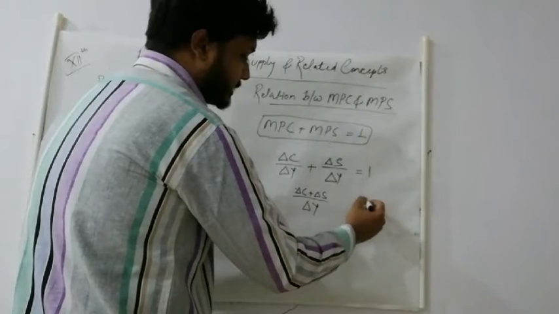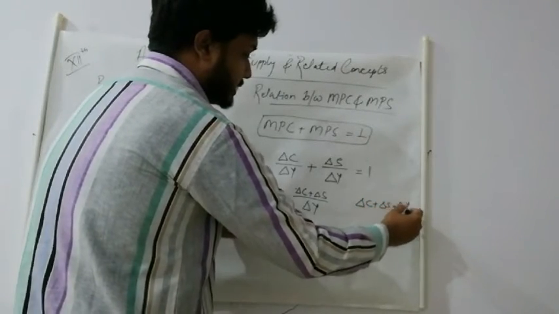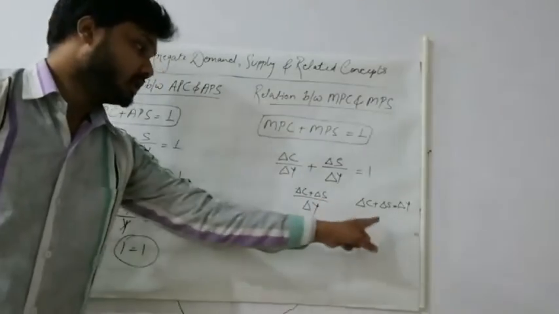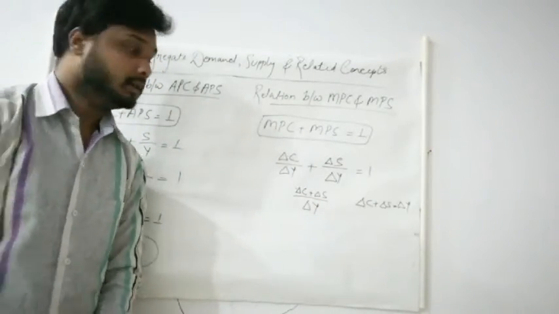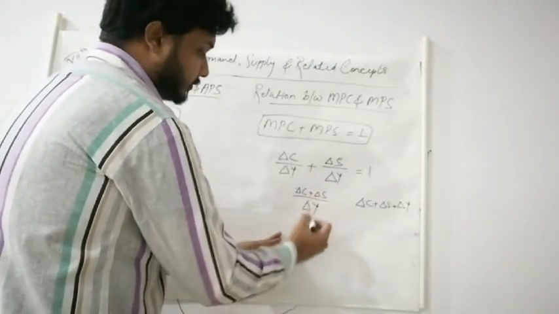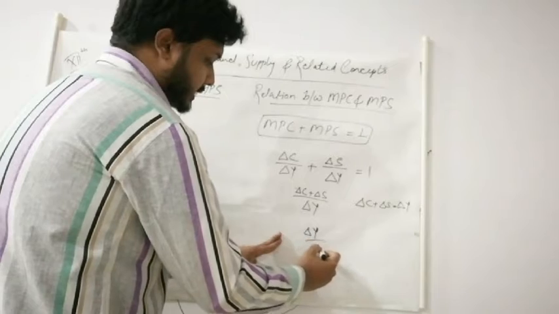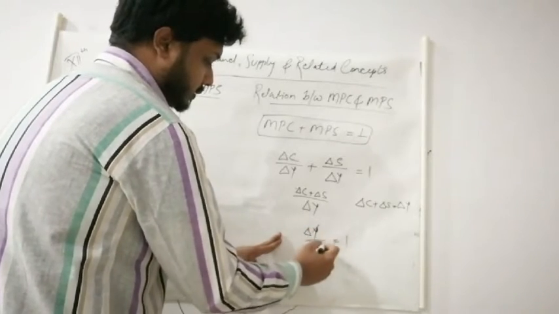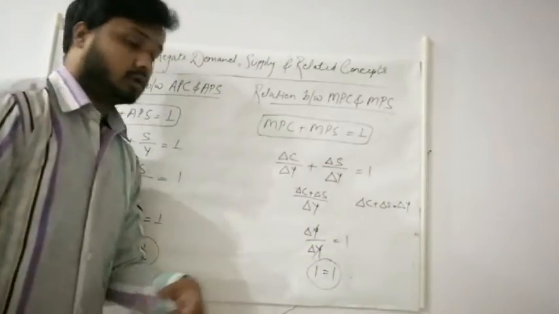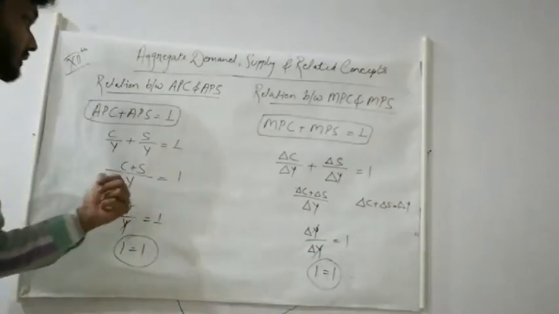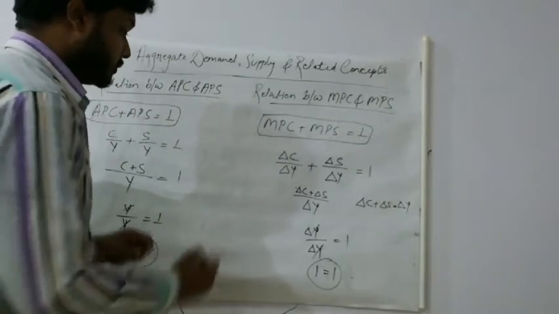So change in consumption plus change in savings is also equal to change in income. Okay, because consumption plus saving is equal to income. This we have studied earlier. So in place of this we can write change in income, and here it is also same. Hence this is also proved. Okay. So this relation you have to remember, it will be helpful in solving the numericals.